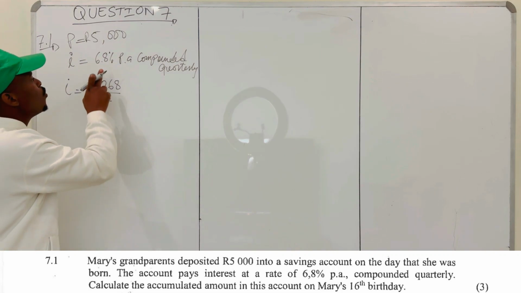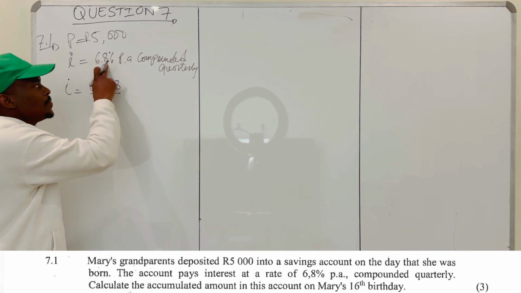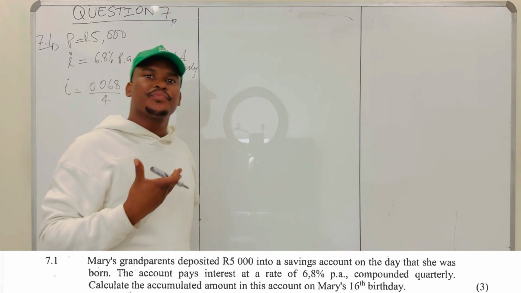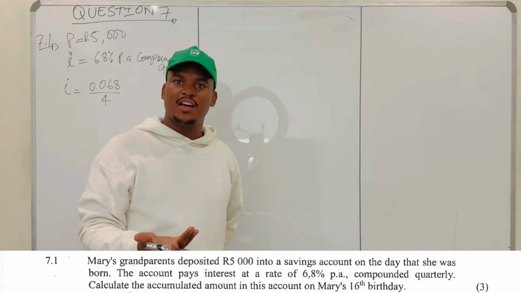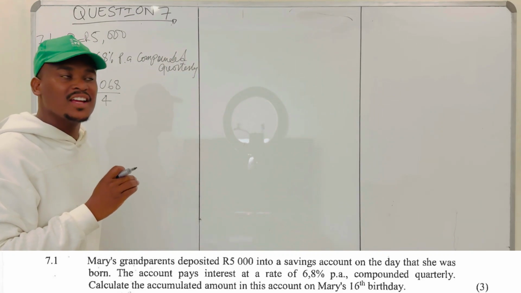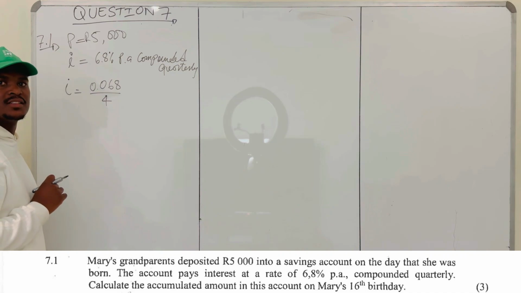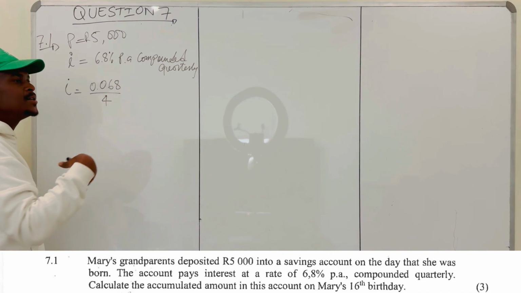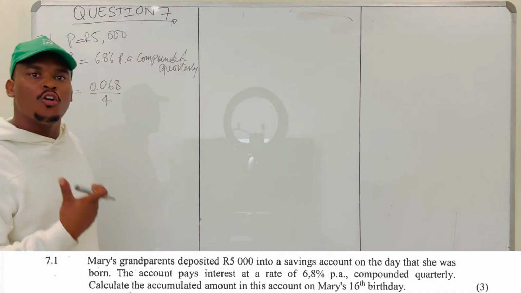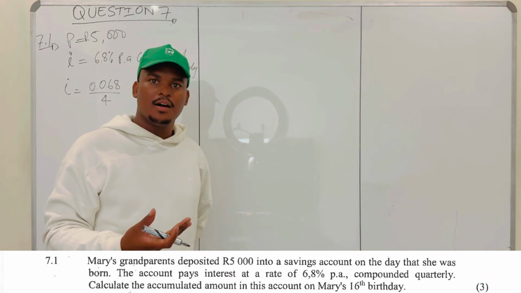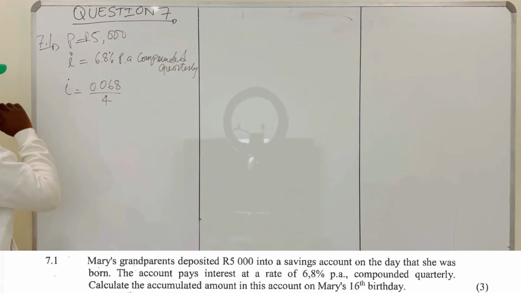At the end of the year you get 6.8% per annum, but it's compounded quarterly, which means you are gaining interest each quarter. So how much interest are you gaining each quarter? It will be that divided by 4, so that you can spread it out over those quarters. So the answer to this is the amount of interest your money will be getting each quarter, right? No problem.